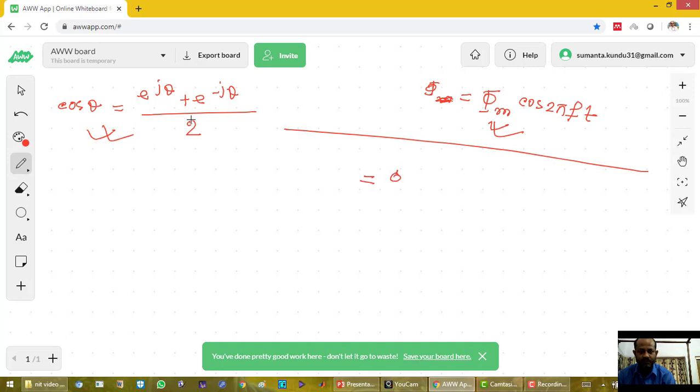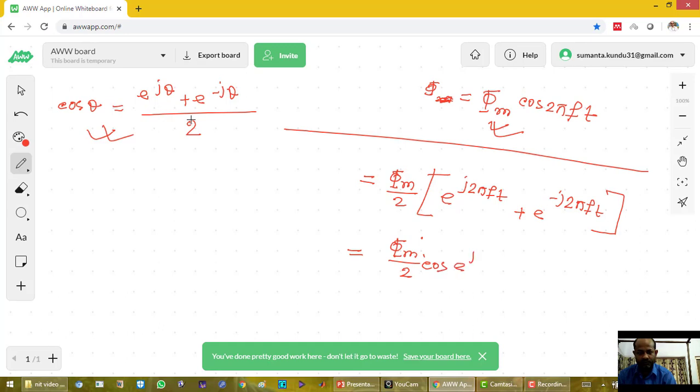So it will become phi m by 2 e to the power j 2 pi f t plus e to the power minus j 2 pi f t. So this is again equal to phi m by 2 e to the power j 2 pi f t plus phi m by 2 e to the power minus j 2 pi f t.